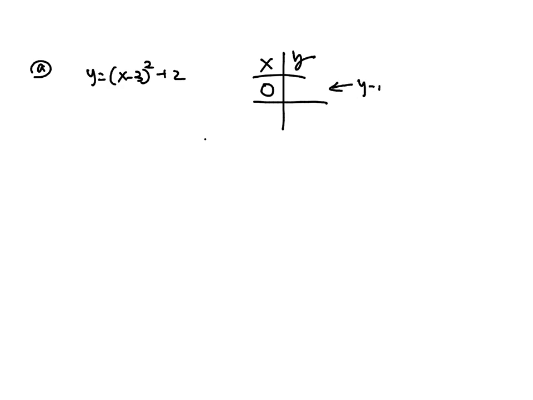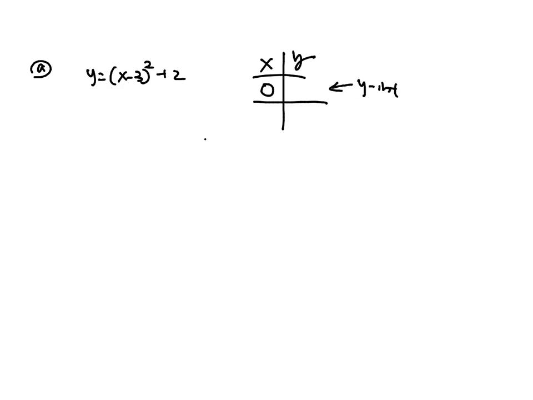All right, for number 2, find the x and y intercepts of each graph algebraically. So first one, you've got y equals (x minus 3) squared plus 2. And we know from before how to find x and y intercepts. If you want to find the y-intercept, you let x equal 0.